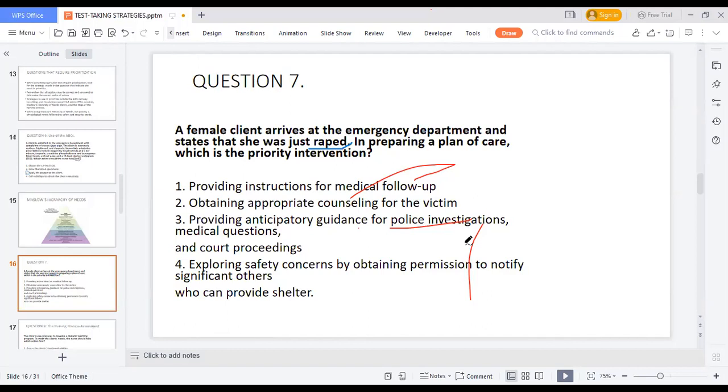Let's go. The options say, providing instruction for medical follow-up. The priority intervention is to provide instruction. Okay, let's go. Obtaining appropriate counseling for the victim. Counseling. What is counseling, according to Maslow's hierarchy of needs?